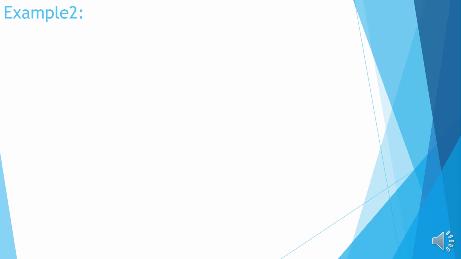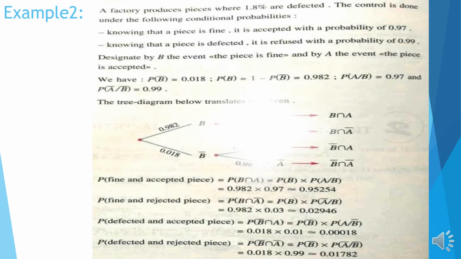Example 2. A factory produces pieces where 1.8% are defected. The control is done under the following conditional probabilities. Knowing that a piece is fine, it is accepted with a probability of 0.97.